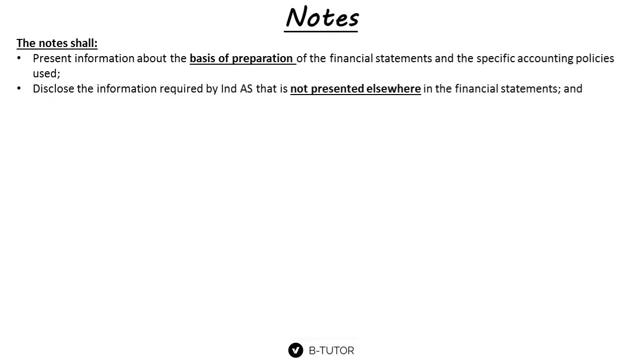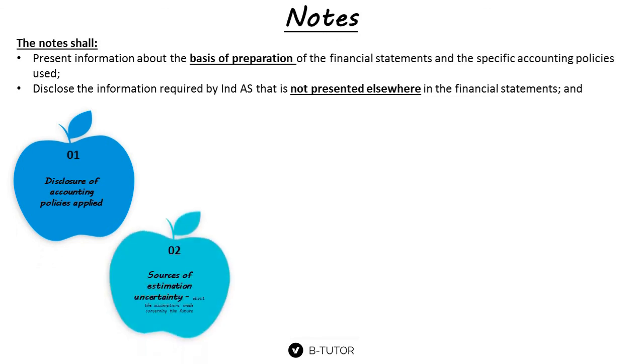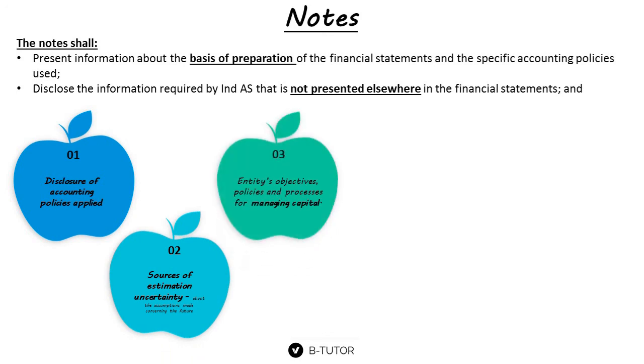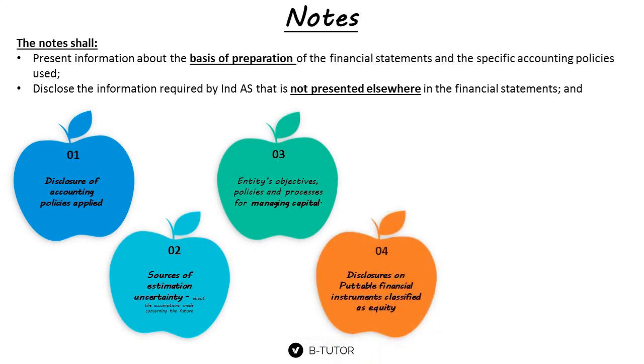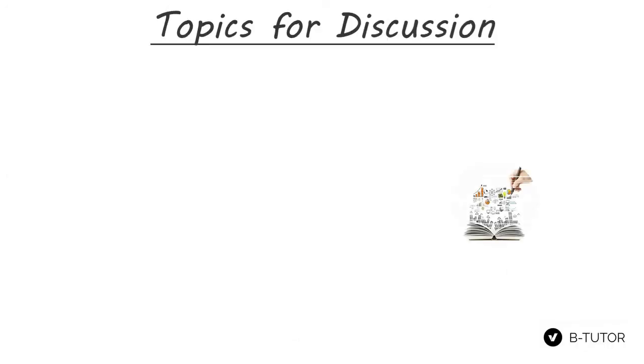Then disclose the information required by Ind AS that is not presented elsewhere in the financial statements, and disclosure of accounting policies applied, sources of estimation uncertainty about the assumptions made concerning the future, then the entity's objectives, policies and processes for managing capital, then disclosures on puttable financial instruments classified as equity. An entity must disclose the amount of dividends proposed or declared, then other disclosures required by other Ind AS.